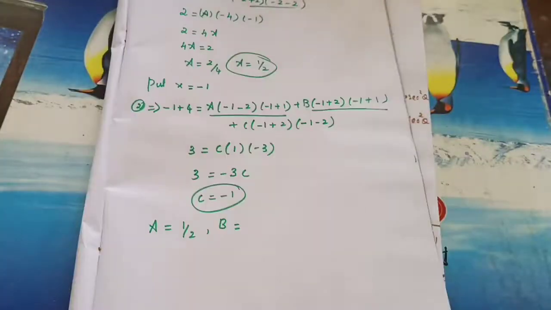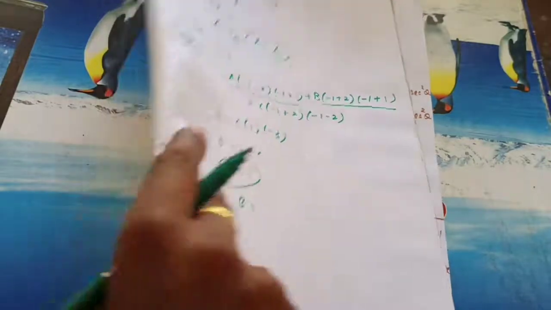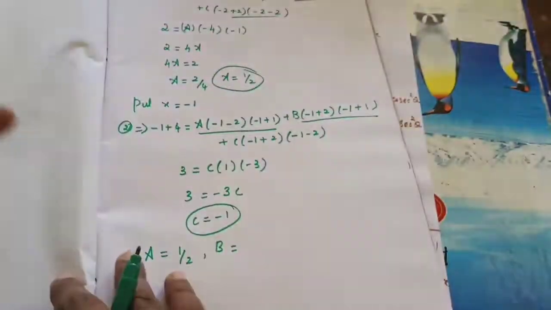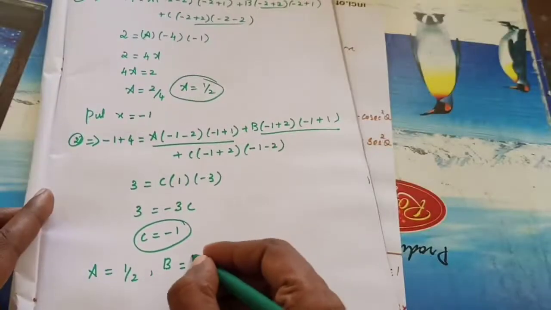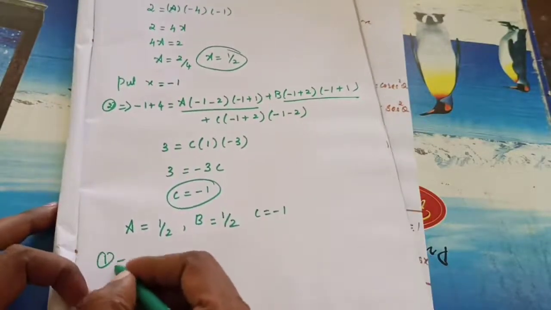Correct? b equal to 1 by 2, c equal to minus 1. Substitute everything in equation number 1.